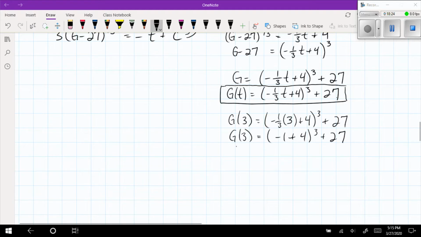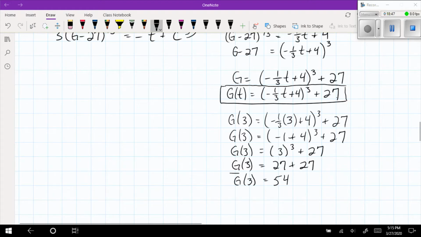One step at a time. I know a lot of you do this all right in your head, but then that's how you make mistakes, right? So negative 1 plus 4 is 3 cubed plus 27. 3 cubed is 27. And 27 plus 27 is, you guessed it, 54. And that ends the second part of the question.